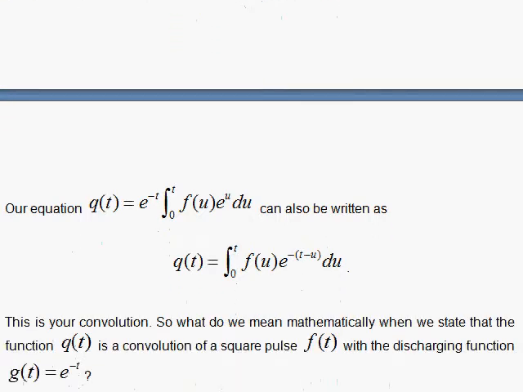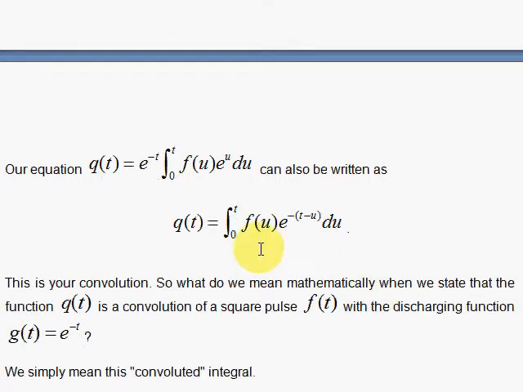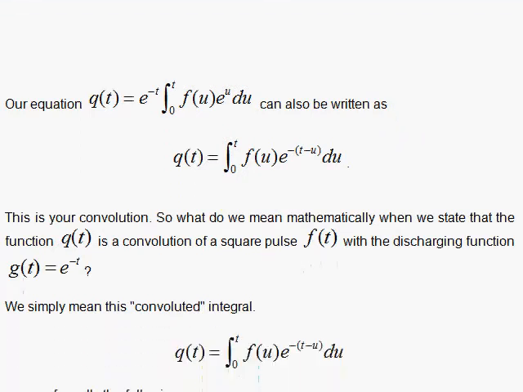And we say that we have a convolution here of the f of t function, which is simply that square pulse over 1 second, and that is convoluted with the discharging function here, e to the minus t. Now what do I mean by that? I mean you replace t with u and put that there as the first factor. Then you take this function and do a t minus u for this variable.